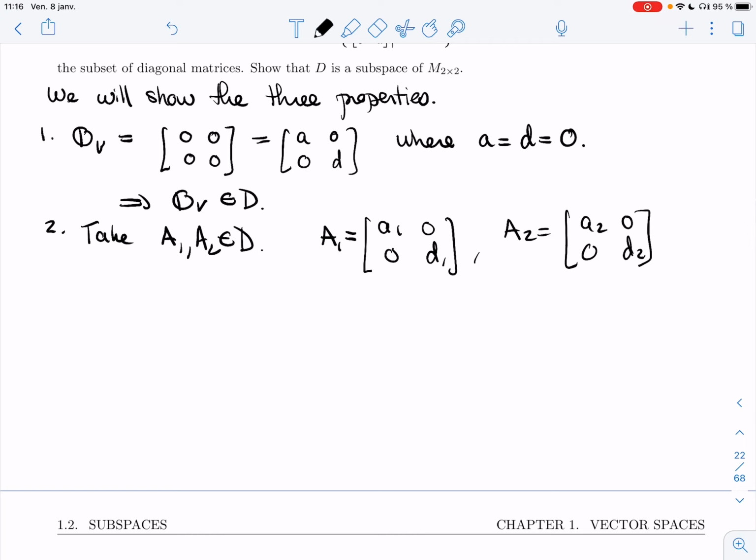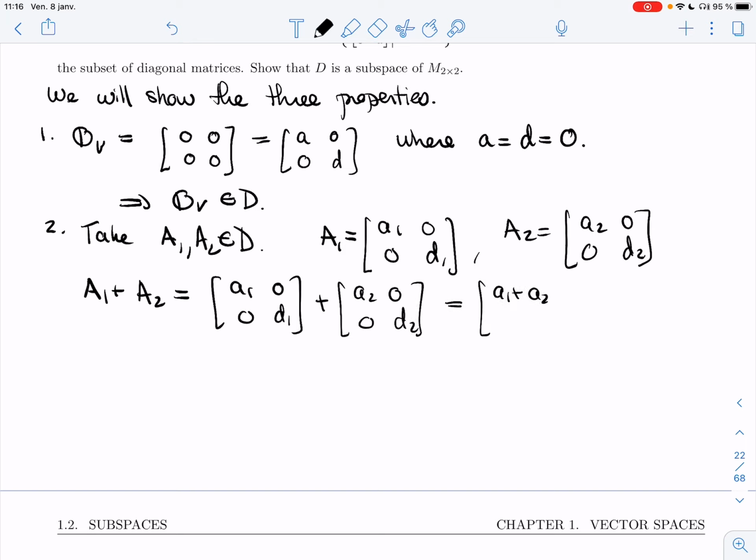I need to prove that the sum is also diagonal, but if I take the sum, I'm going to get A1 plus A2 and D1 plus D2, which is in D. I just have to take A to be A1 plus A2 and D to be D1 plus D2.